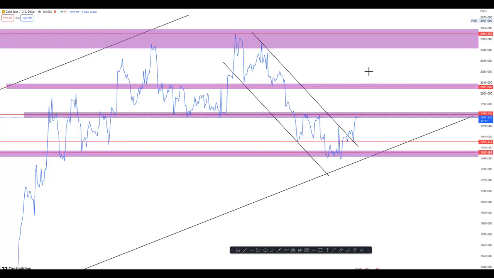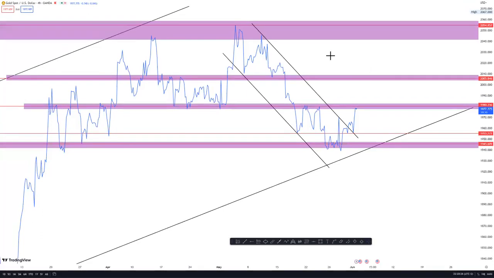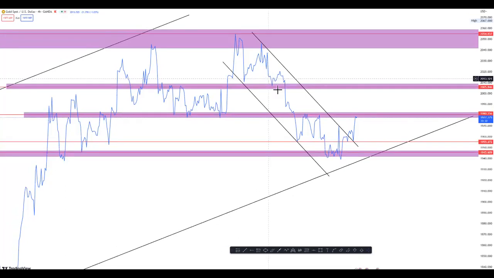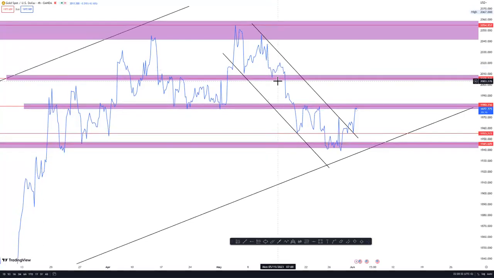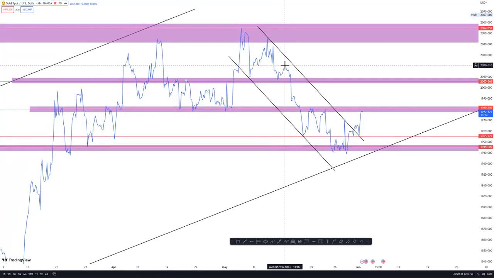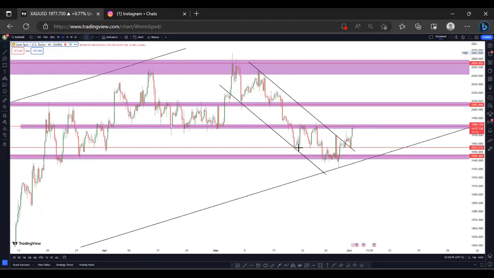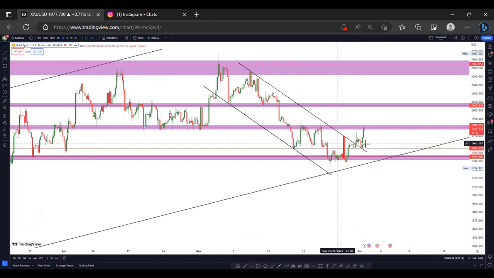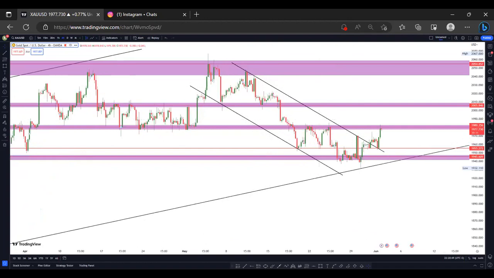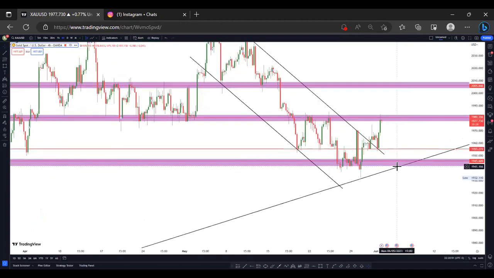All right, now that I'm done on the line chart, I would like to go back to my candlestick chart. You see, now on the candlestick chart we have a beautiful secondary trend.